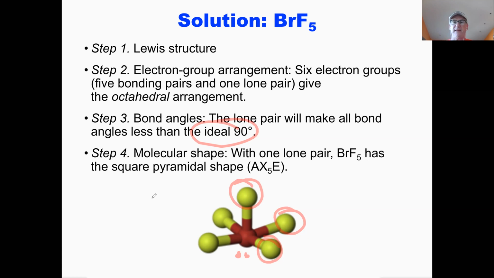So yes, I believe all the bond angles will now be less than 90. This would be the perfect time, if we were in the lab and playing with models, we could build this with our hands and then push them up and see. But unfortunately, we can't do that. But yeah, I think it makes all the bond angles less than 90.